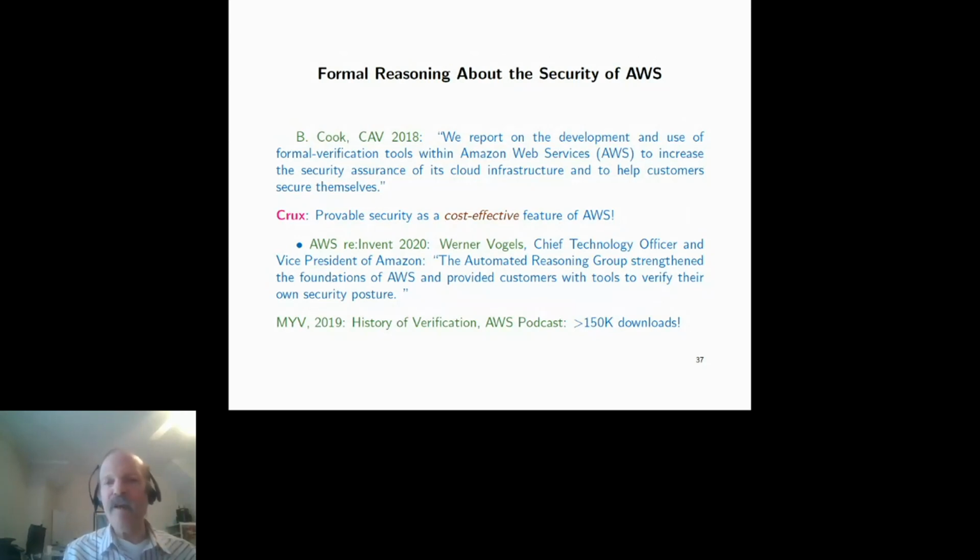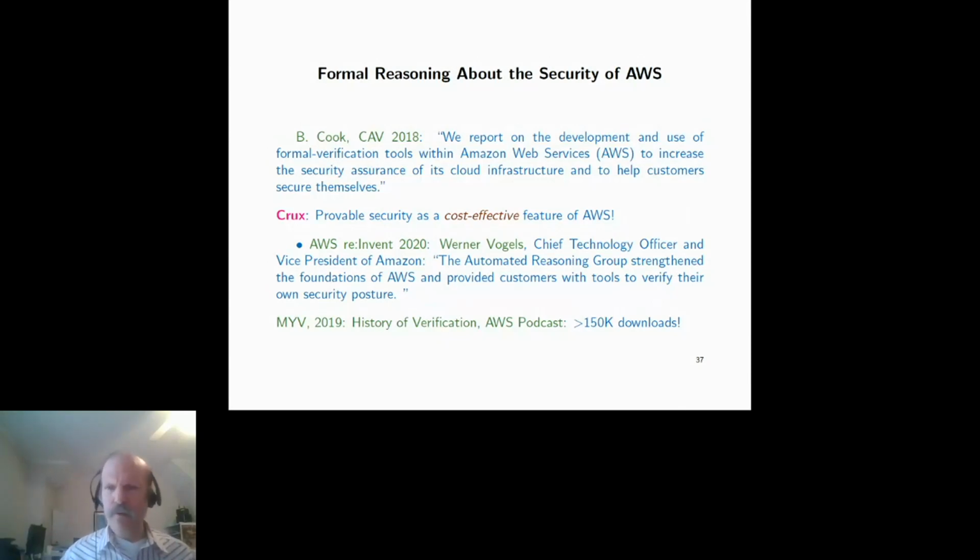We cannot convince people to move to the cloud unless we can convince them that we are providing a high level of security. So provable security has become a cost-effective feature of AWS, because if you are spending money on some security feature, you are amortizing it over a huge business base.